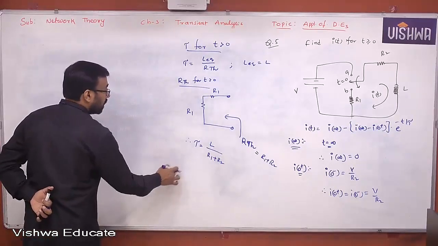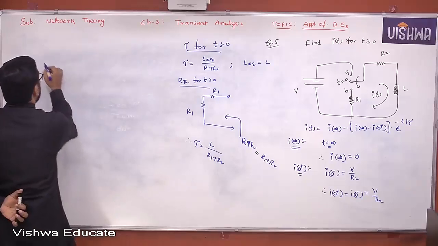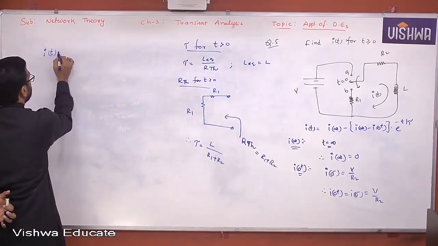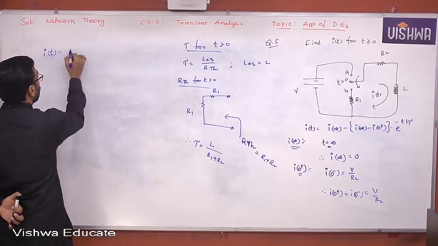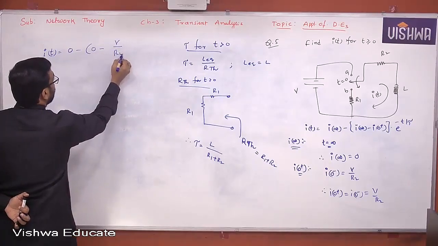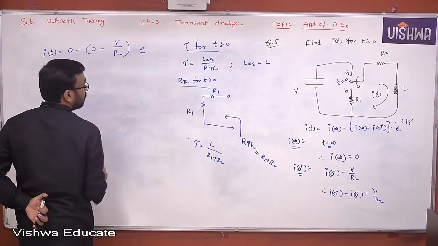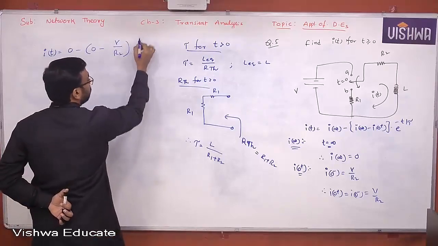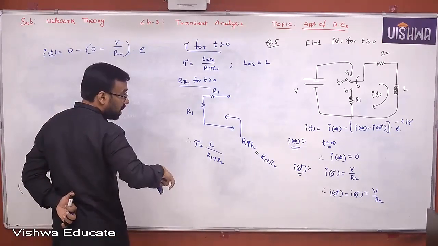all these things in that particular formula, I of t is equal to, what is I of infinity? 0, minus (0 minus V by R2) into e power minus t by tau. Tau means the denominator.